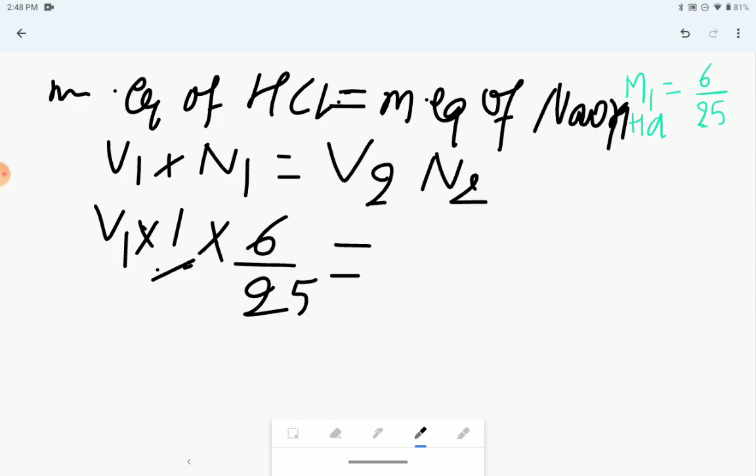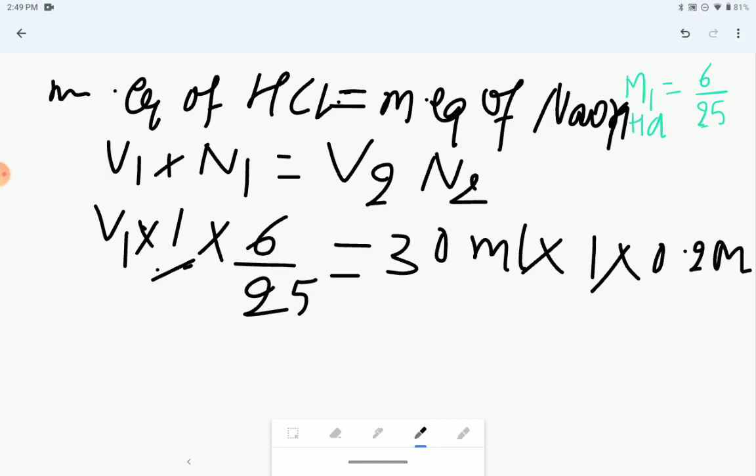And V2 was clearly mentioned as 30 ml, into normality 2, where the n factor of NaOH is 1, because in NaOH you have a single sodium. I hope you understood. And the molarity 2 was mentioned in the question as 0.2 molar.